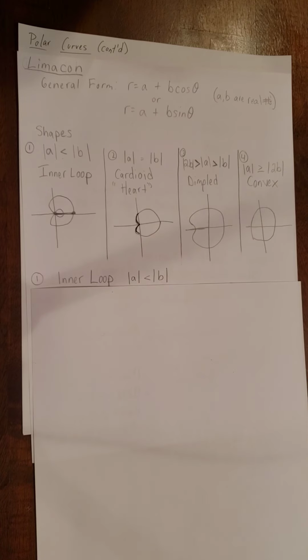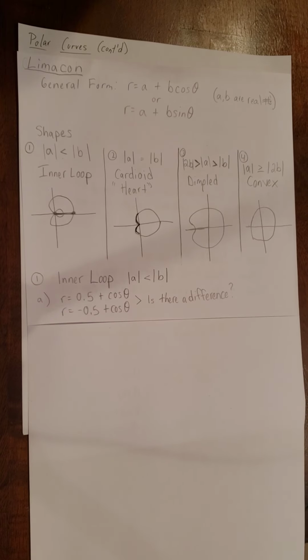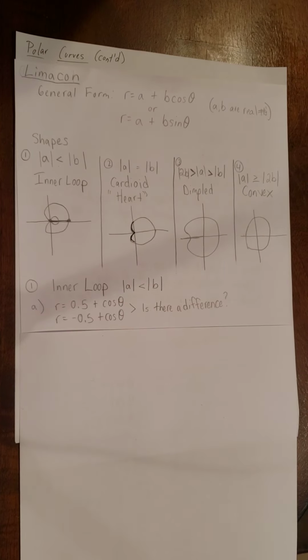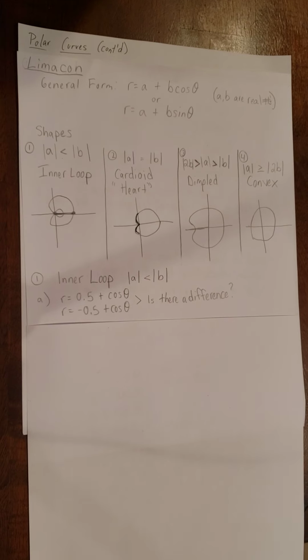So we're going to work with Desmos, and you're going to answer some questions. You should be taking notes, writing all this in your notebook. The first thing we're going to put into Desmos is r equals 0.5 plus cosine theta. And then on the second line, r equals negative 0.5 plus cosine theta.